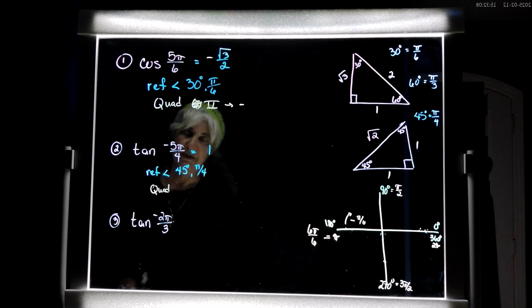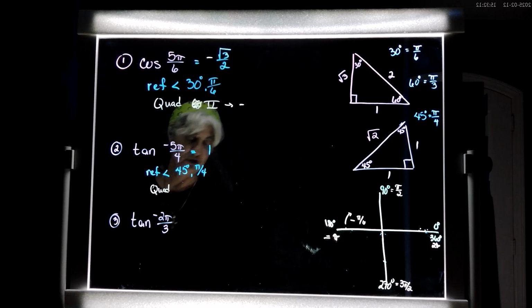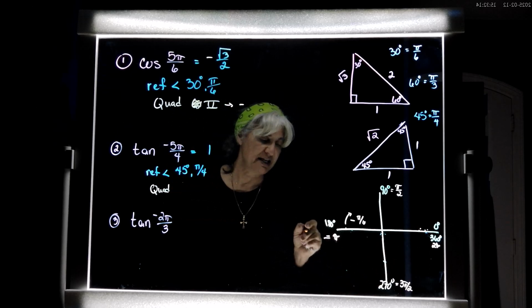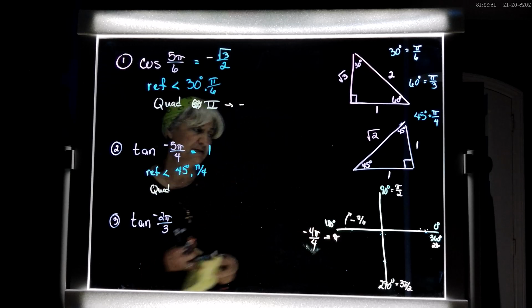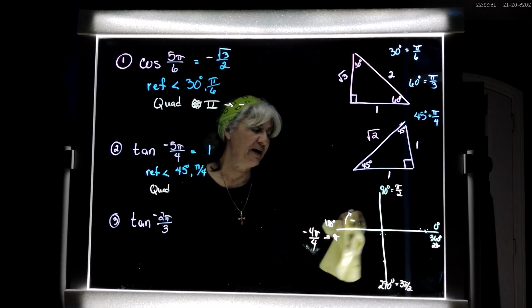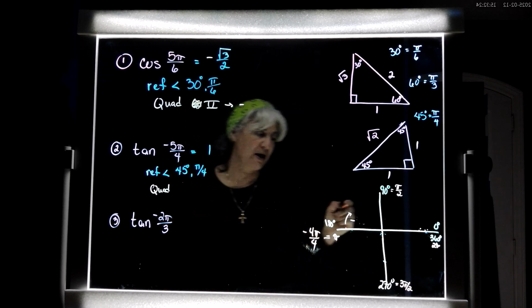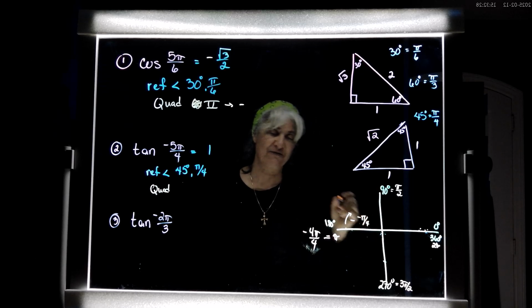And then quadrant. Okay, so let's look at the quadrant. Remember, my benchmark is the pi. And since I am going in the negative direction, this would be negative 4 pi over 4, wouldn't it? But I need 5. So I go 1 more negative pi over 4 to make 5.